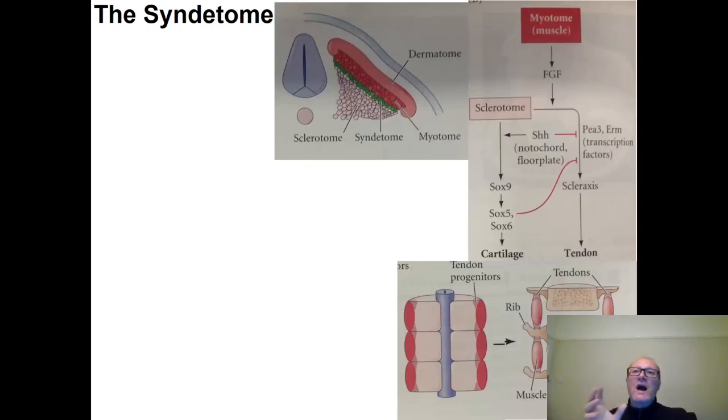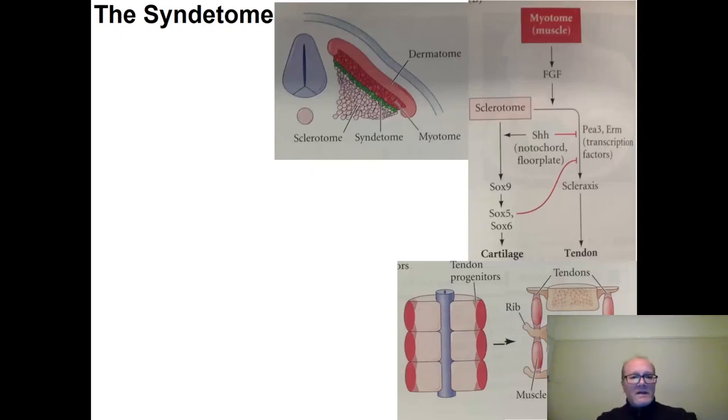Okay, so we mentioned how the cells in these somites are able to differentiate into the dermomyotome and the sclerotome. So what are the signals that are important for these two? But you remember we said that in between the sclerotome and the dermomyotome there is the syndetome, and the syndetome needs to form the tendons, right?